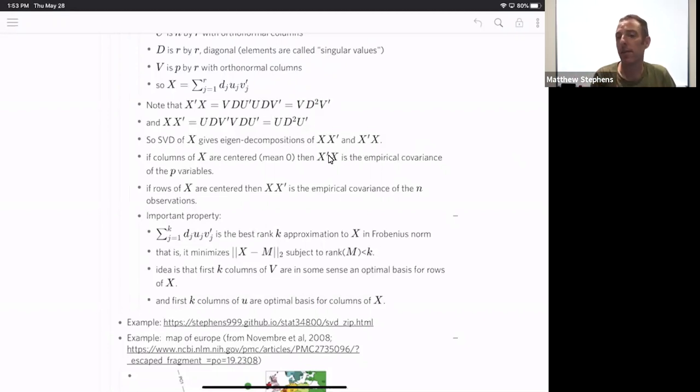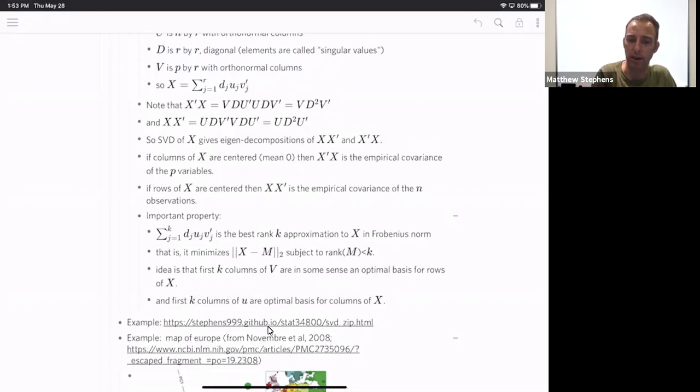They're a good basis for the rows of X, and the U's are a good basis for the columns of X. What do I mean by good basis? I mean that the rows of X can be quite well approximated by some linear combination of the first K rows of V transpose, or the first K columns of V. Okay, maybe that's a little hard to get your head around.